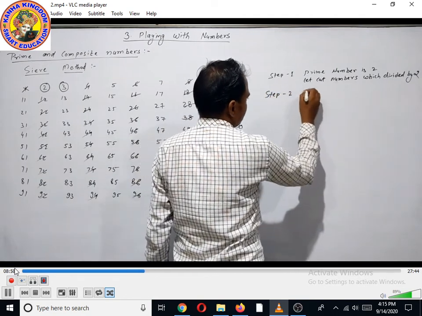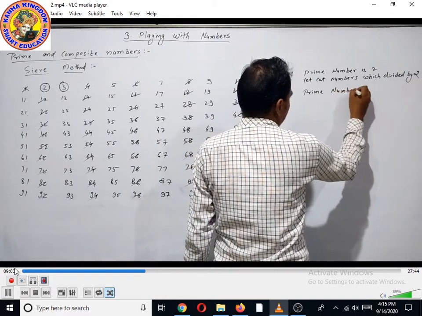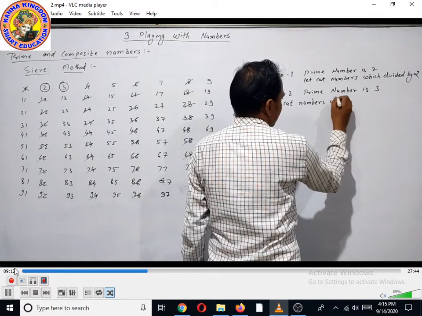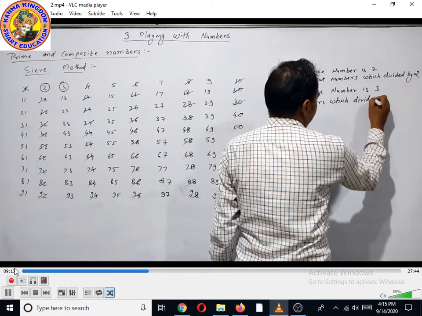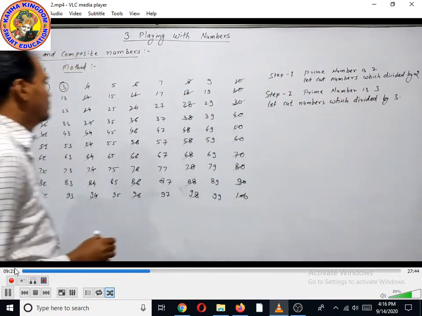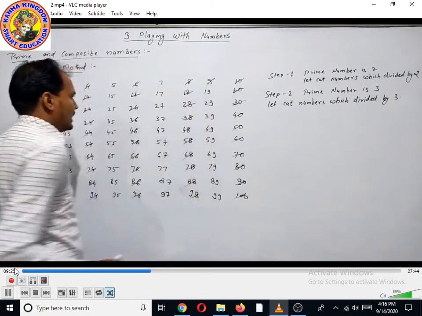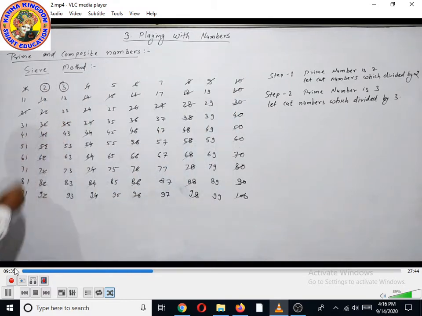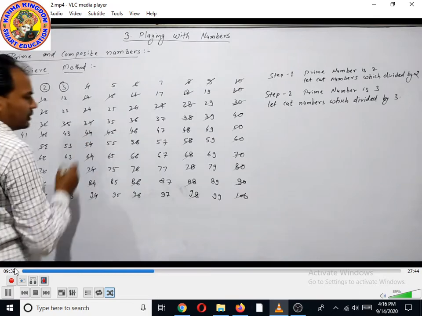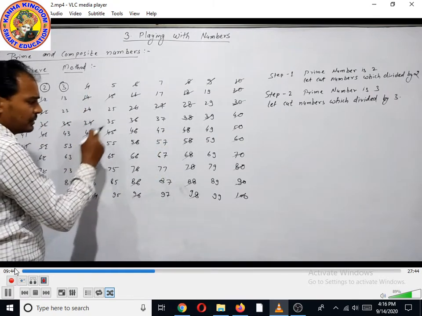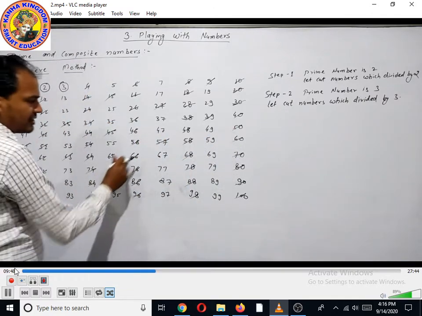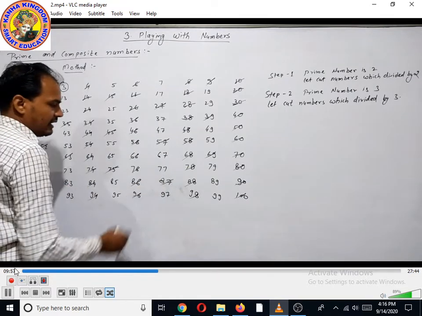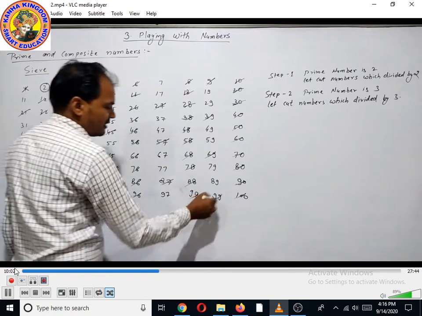Step 2: the prime number is 3. Let's cut numbers which are divided by 3. 3, 6, 9, 12, 15, 18, 21, 24, 27, 30, 33, 36, 39, 42, 45, 48, 51, 54, 57, 60, 63, 66, 69, 72, 75, 78, 81, 84, 87, 90, 93, 96, 99.